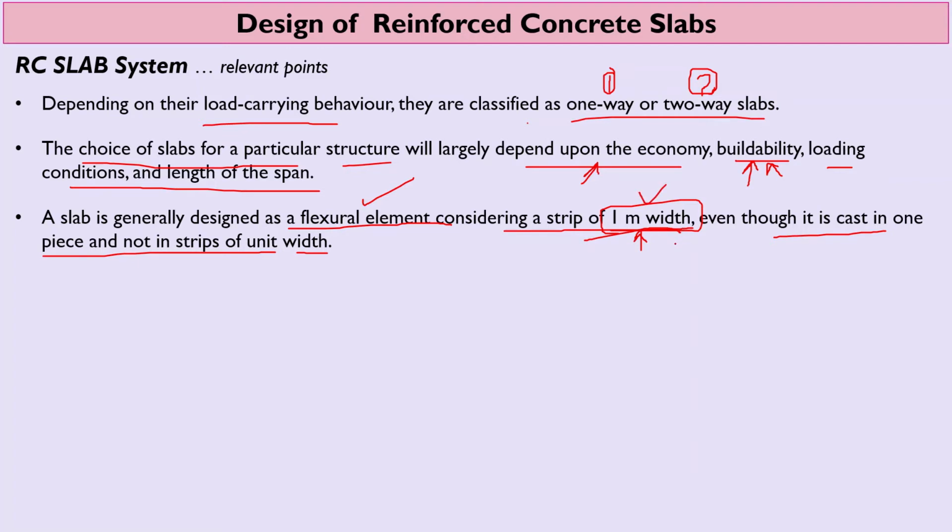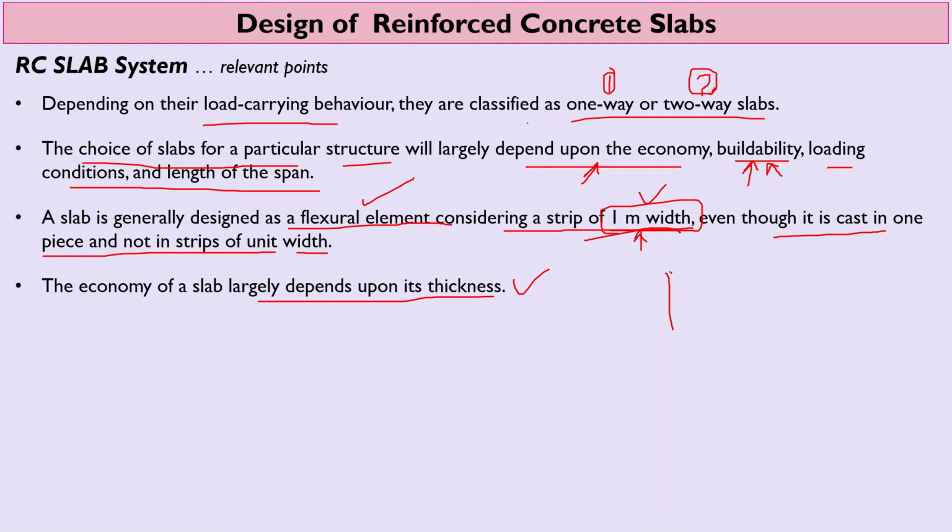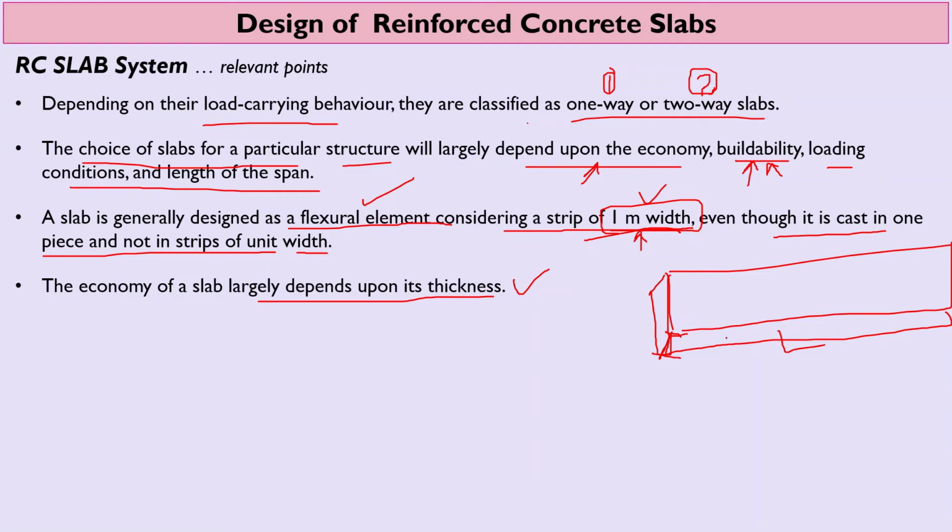So that means it will be just like a beam having some particular depth as well as a width equal to 1 meter. So the economy of the slabs largely depends upon the thickness, because any slab may have a huge length of span, and ultimately the depth of the slab will directly influence the volume of the slab.